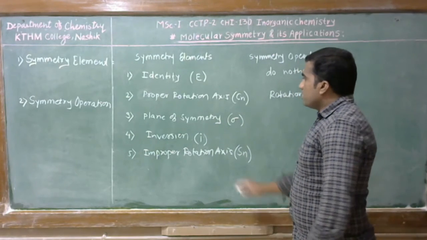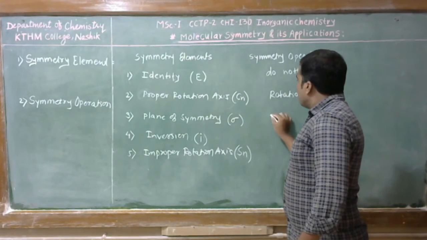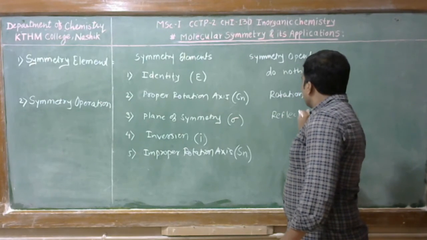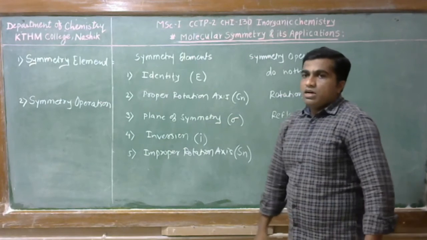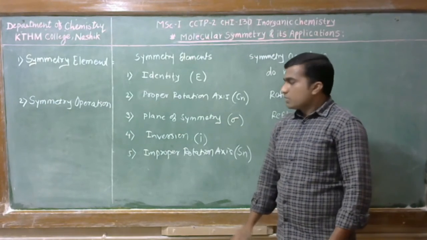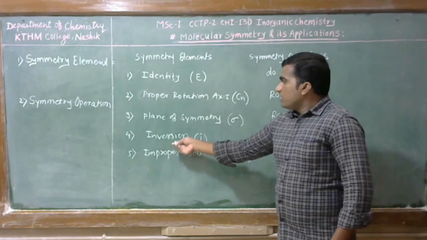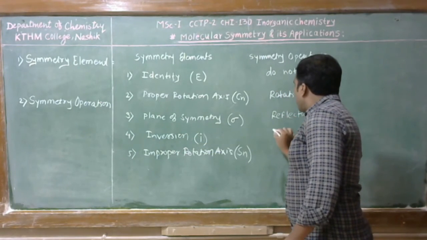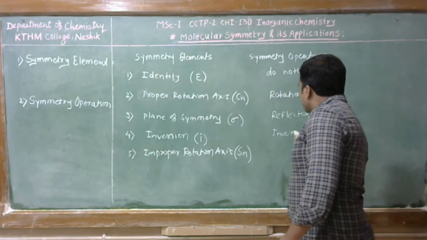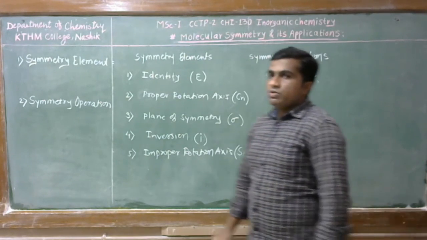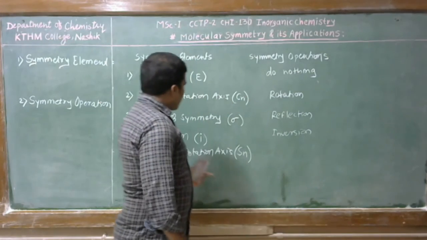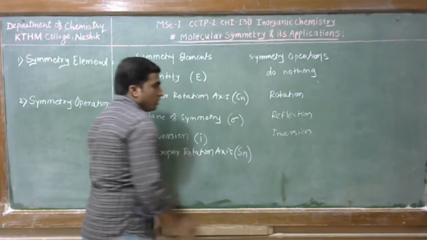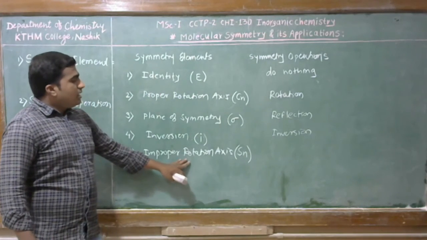By using this plane of symmetry, we can perform a reflection about a particular plane. Next, inversion. By using this inversion, we can perform an inversion about a particular point. And last one, by using improper rotation axis, we can perform a rotation. So these are the important symmetry elements.